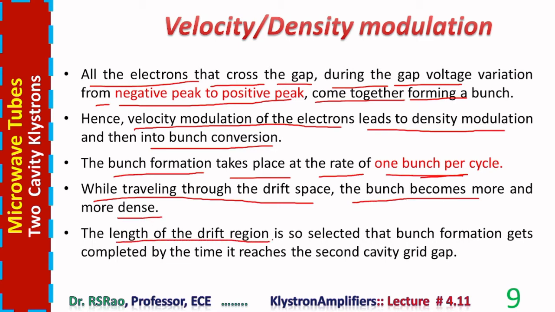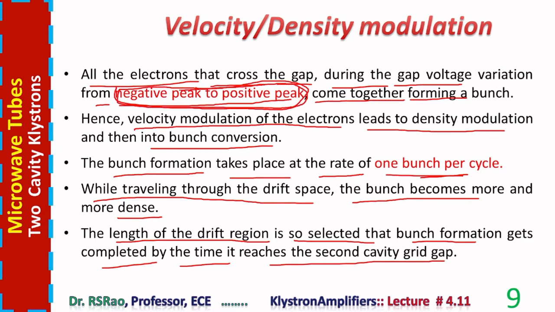The length of the drift region is so selected that bunch formation gets completed by the time it reaches the second cavity grid gap. Notice, all the electrons that cross the gap during negative peak to positive peak, they only participate in bunch formation. Negative peak to positive peak means exactly one half of a cycle.